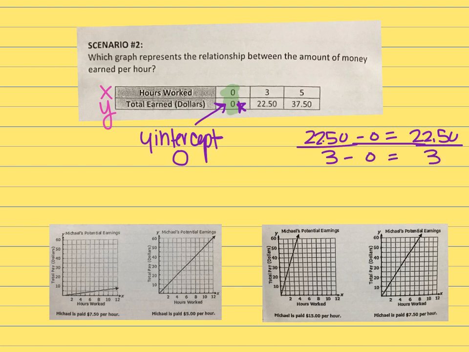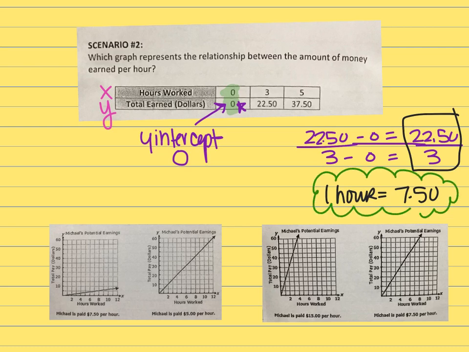Then I want to divide this so I know how much is 1. If you divide 22.50 by 3, you get 7.50. So this is the number I'm looking for in my graph. 1 hour needs to match up with 7.50.